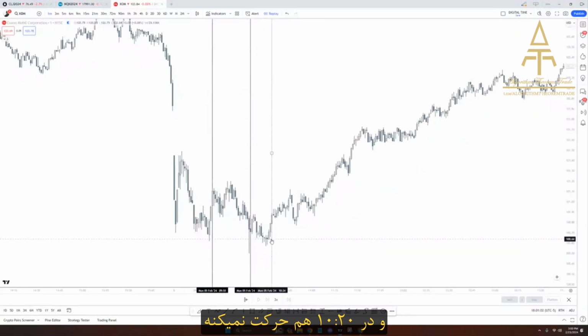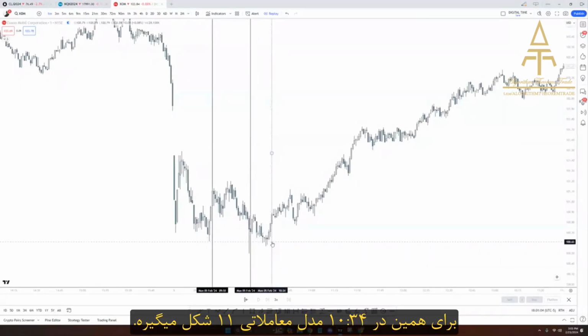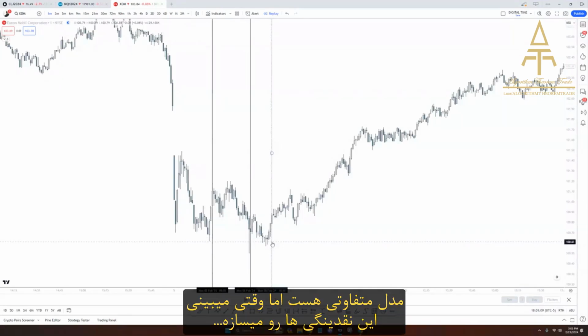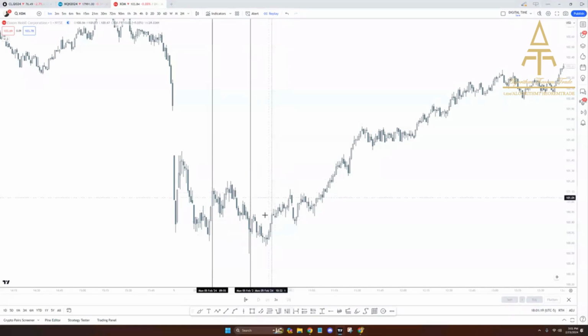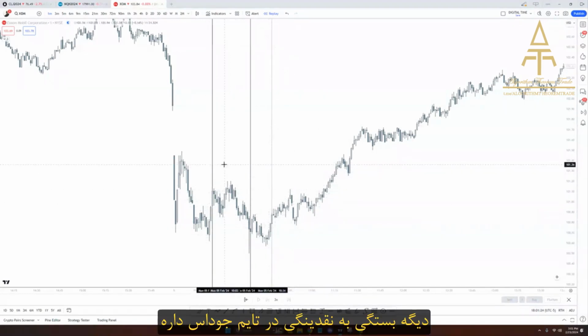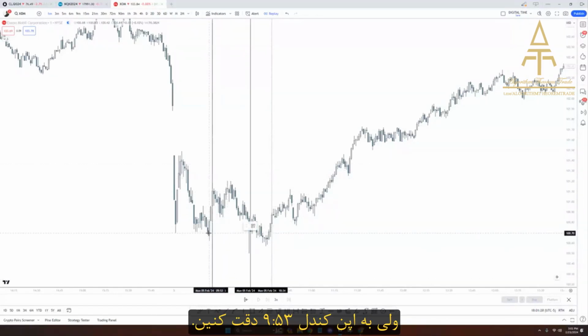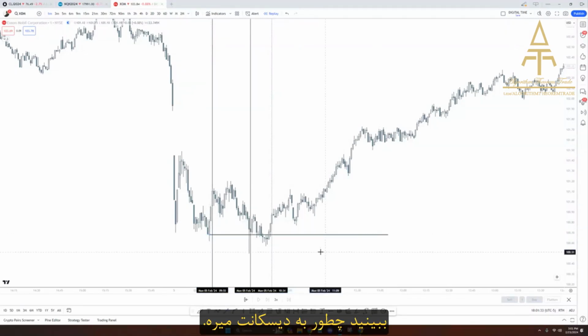In this case, this is what makes model 11 occur at 1034. This is a different time model, but when you see engineered liquidity, and especially buy side or sell side, low resistance, it makes it a high probable trade, low risk to go long or short based off that liquidity formed in Judas. And we are still to pay attention to the 953 opening price, just down there.